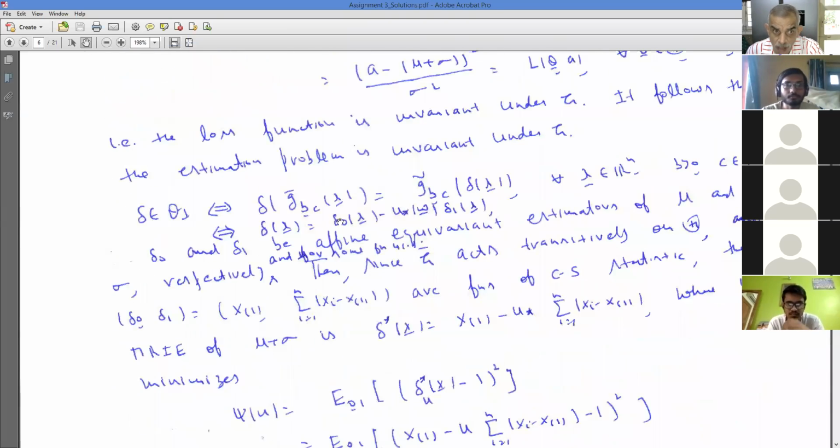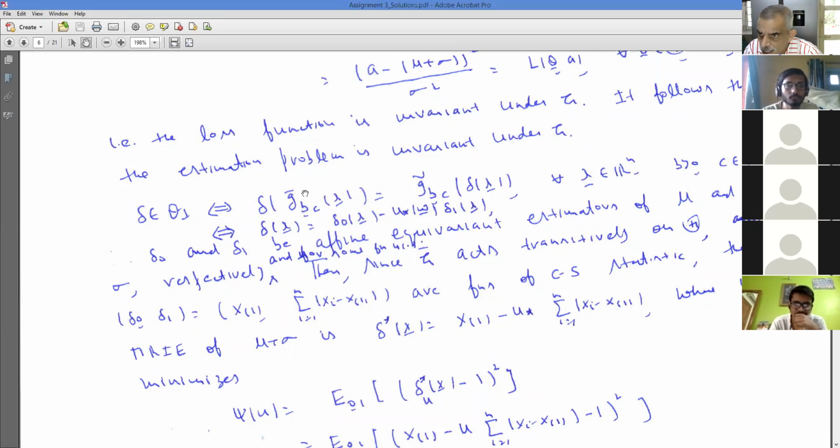So I try to look at what should be the form of an invariant rule. Delta belongs to D_I if and only if delta of g_{b,c}(X) is the same as g bar_{b,c} of delta(X), right? What does that mean? This is exactly what was the case for the location. Actually, this should be g_{b,c}, not g bar.